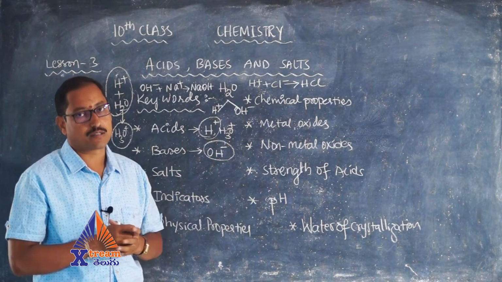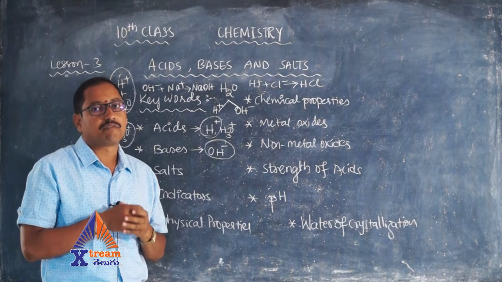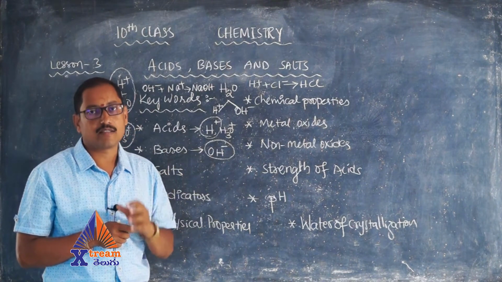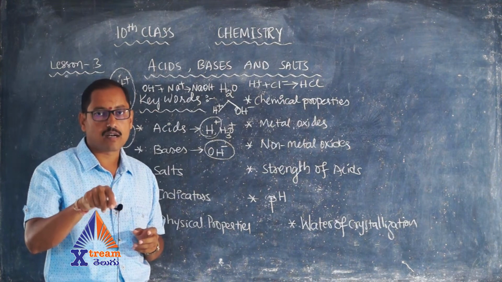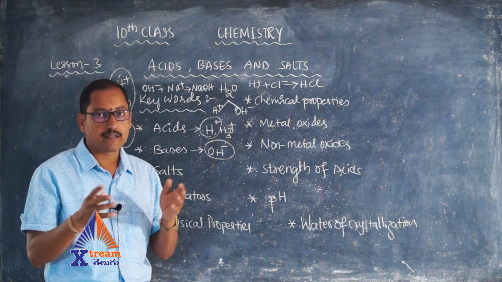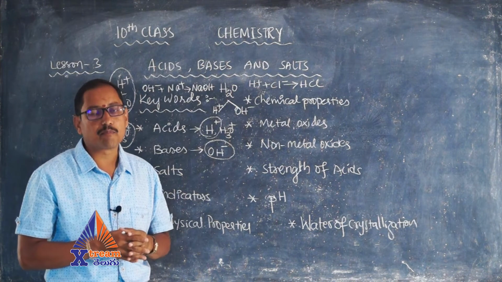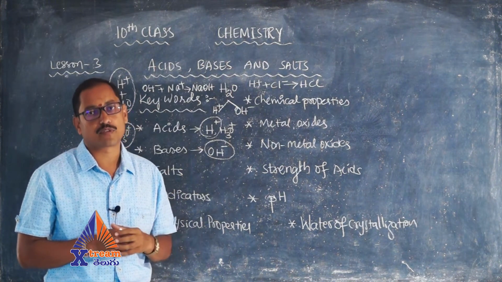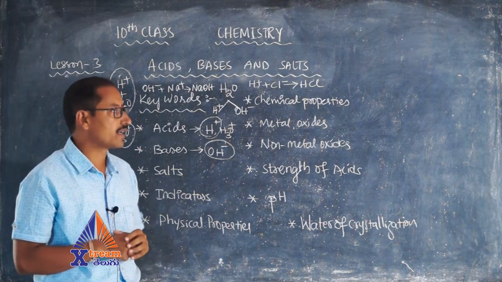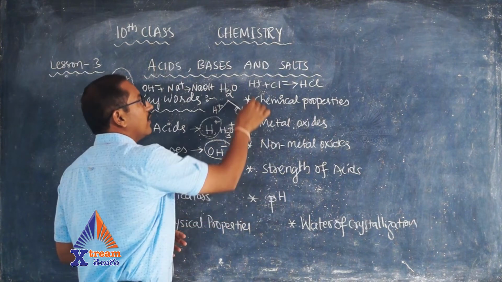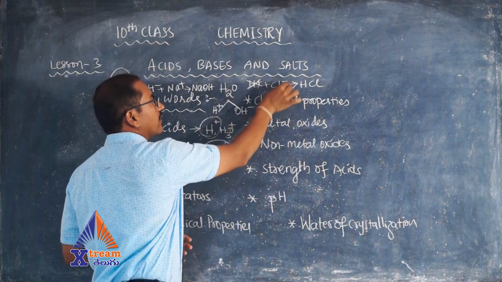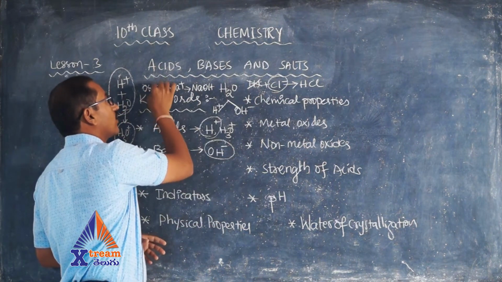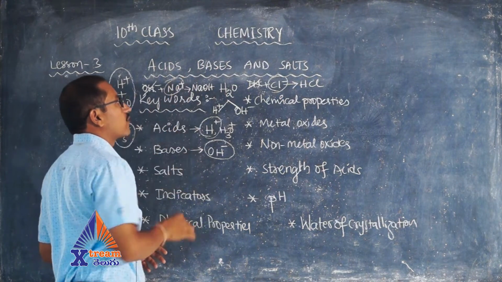Now what are salts? If we take H+ ion out from acid and OH- ion out from base, and then the remaining, if we are clubbing together, then the substance which forms is called salt. For example, here I am taking out H+, I am left with Cl-. Here I am taking out OH-, I am left with Na+.